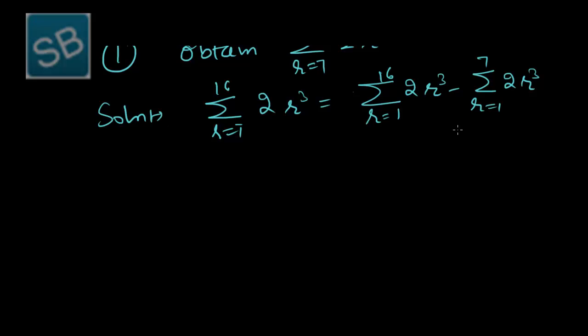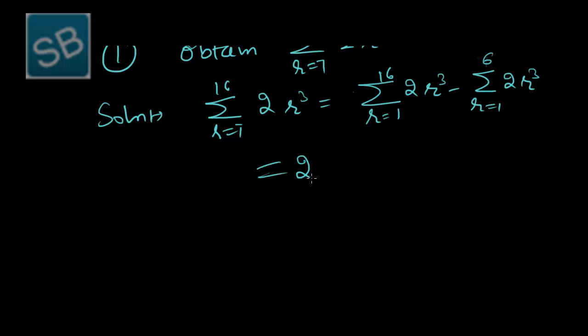Now here is the point: that is 6, 7, or it should be 6. It should be 6 because the starting term is 7. So we have to deduct r from 1 to 6. This point should be noted.